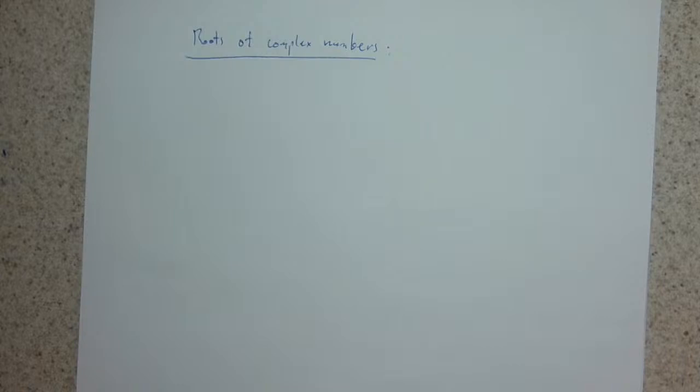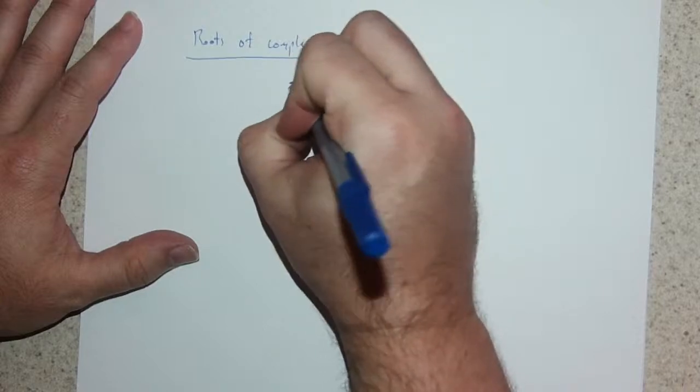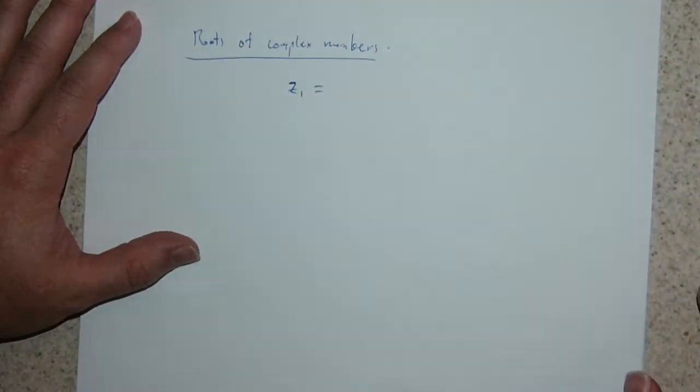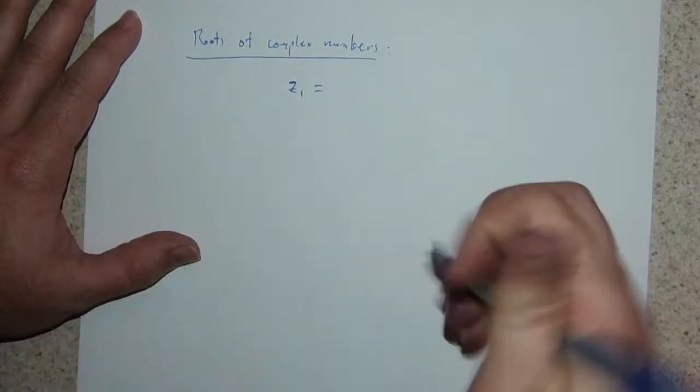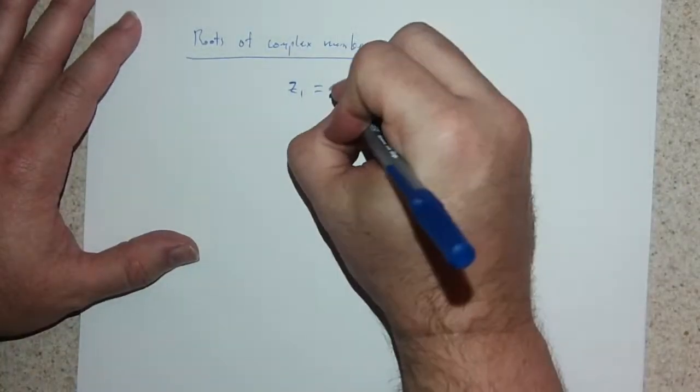The first thing to note is that if I have two complex numbers, z1 and z2, I know what it means if those two complex numbers are equal in terms of where they sit in the plane. But let's see what it means if they're both in polar form.